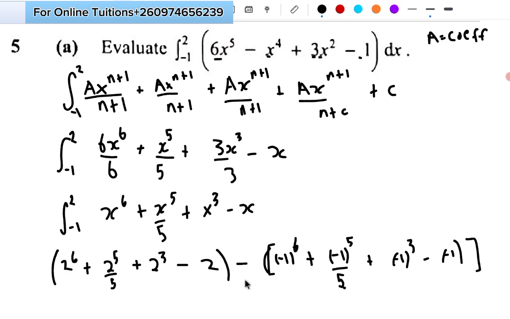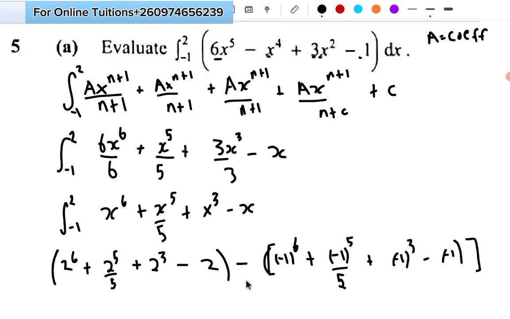Please just let your calculator do the work for you here, because you can't work this out just like that. This is paper 2. You can use your calculator as much as possible in paper 2, because the time is always not enough.